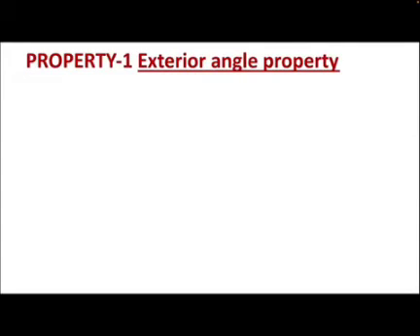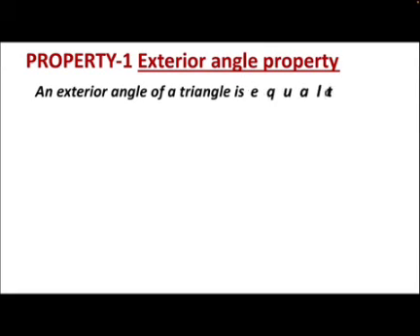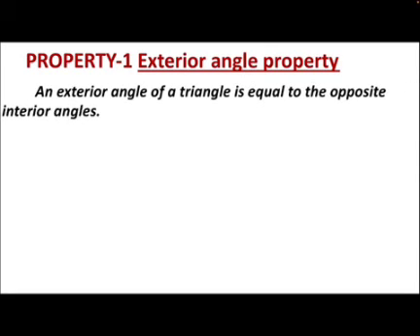Okay, children. Now, exterior angle property. Just now you learned what an exterior angle is. Now let's see what the exterior angle property is. An exterior angle of a triangle is equal to the opposite interior angles. That is property 1. Please repeat with me.